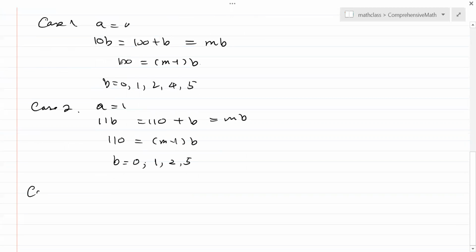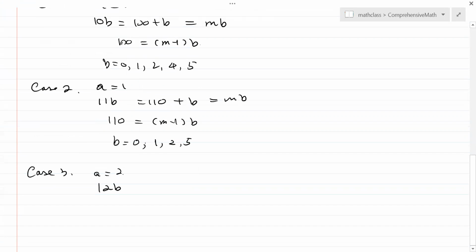Then case 3, A equals 2, then you have 12B. This is divisible by 2, right? So B must be an even number.